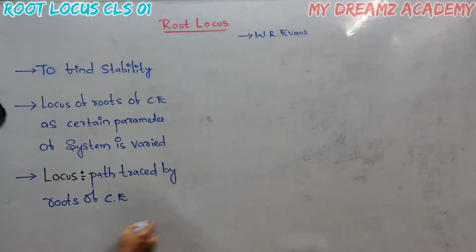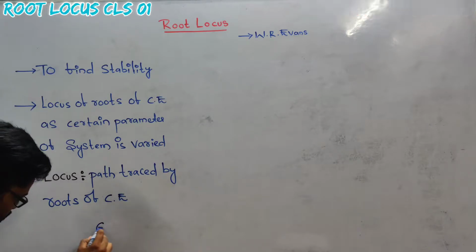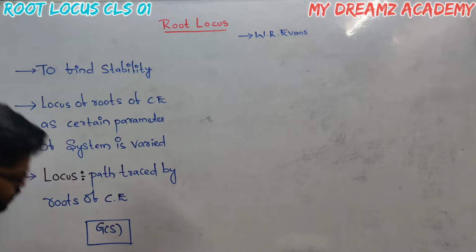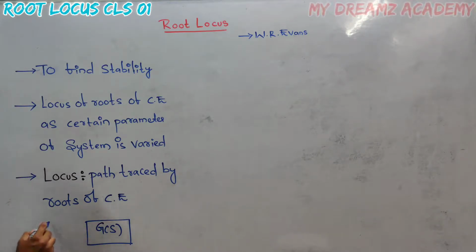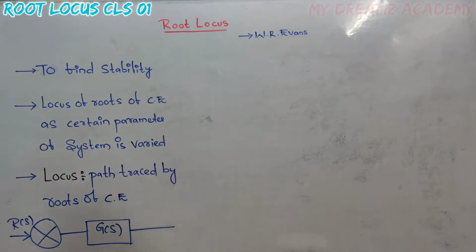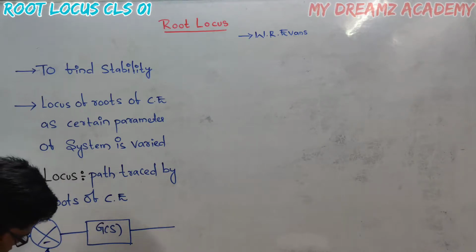Let us consider one system, G of S. This is an open loop transfer function. This is R of S, the input, and I am converting the open loop transfer function into a closed loop transfer function with negative feedback.